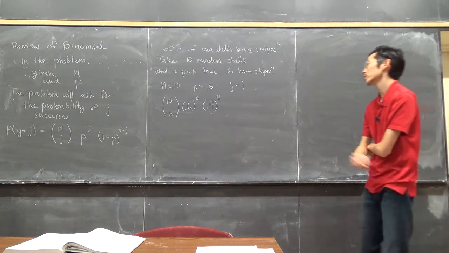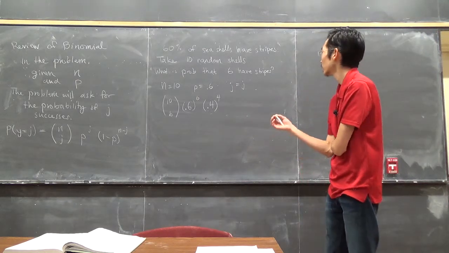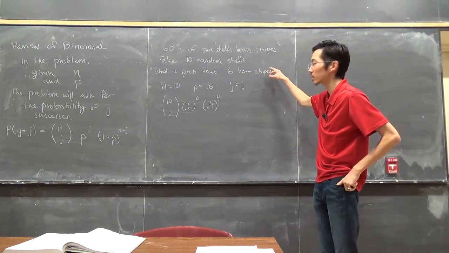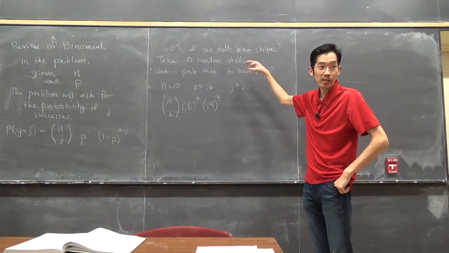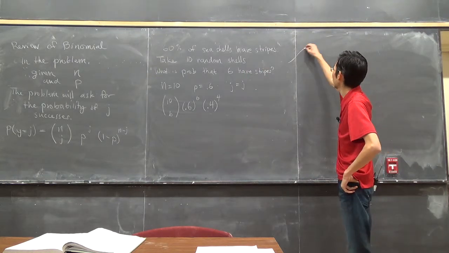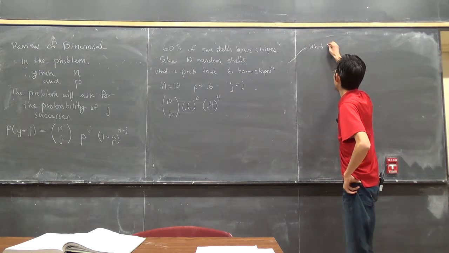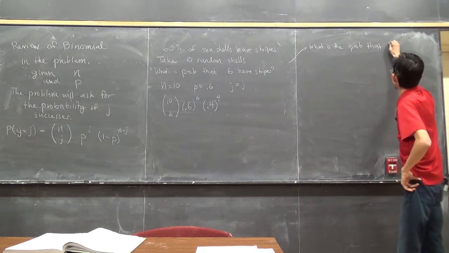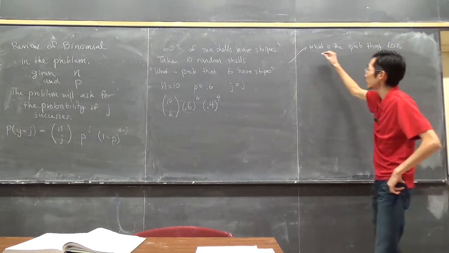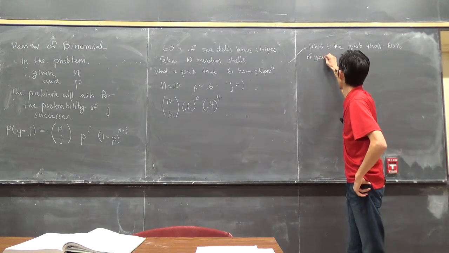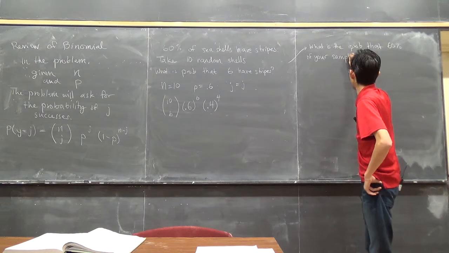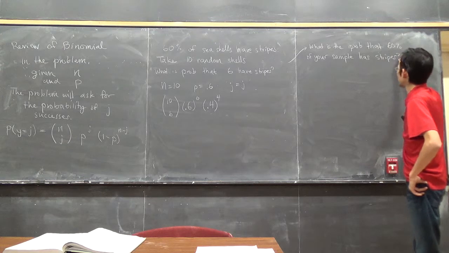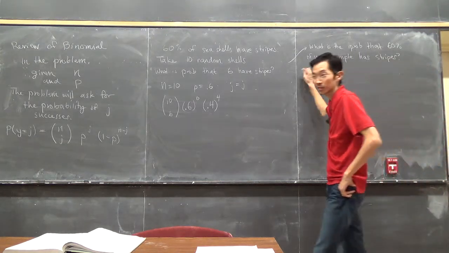The question can also be rewritten. Instead of what is the probability that 6 have stripes, the exact same question could be asked, what is the probability that 60% of your sample has stripes? These two questions are the exact same question.